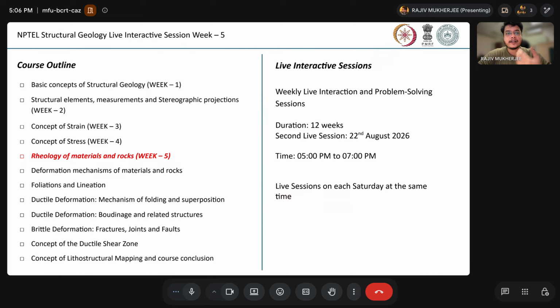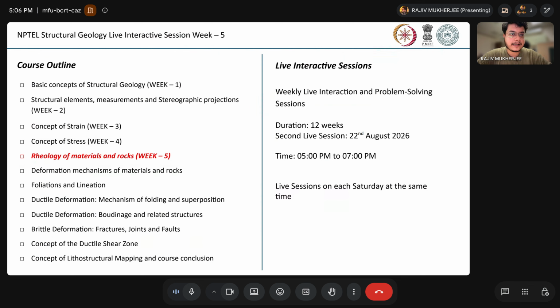Rheology deals with the fact that any material that is being deformed will be deformed continuously, and deformation should not be a discrete event. That is the main proposition behind the subject of rheology.